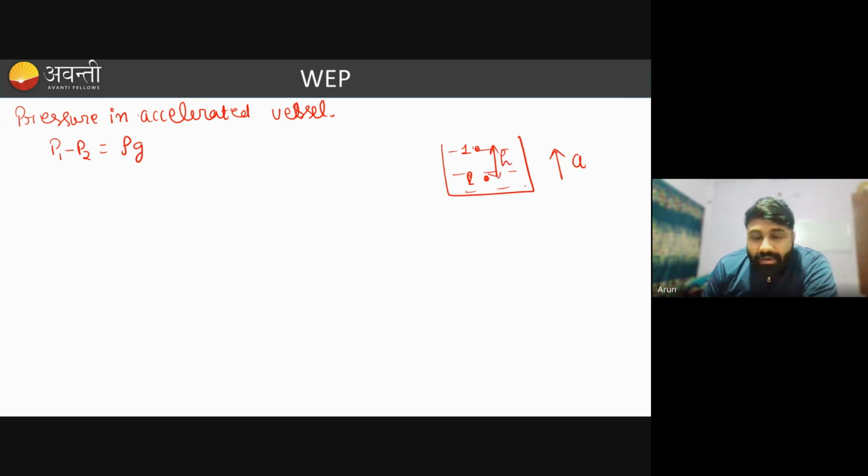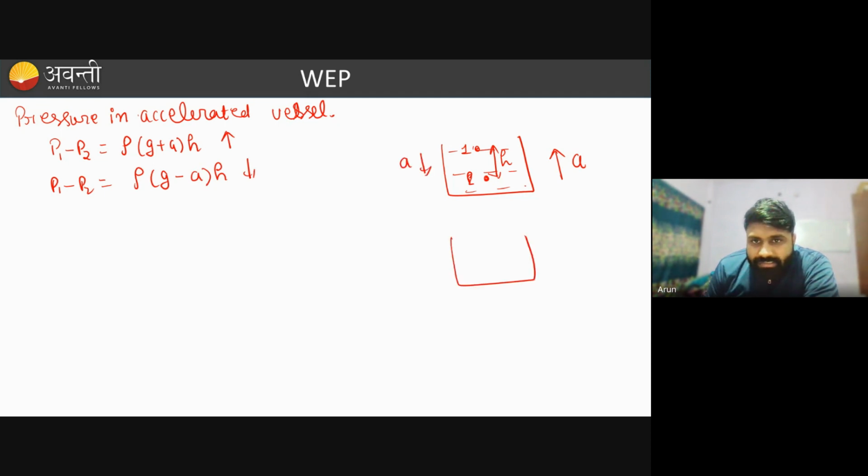But now there is an acceleration in upward direction, so there will be an effective acceleration which is given by g plus a, into h if it is moving up. If it is moving down, rho times g minus a, for moving down.